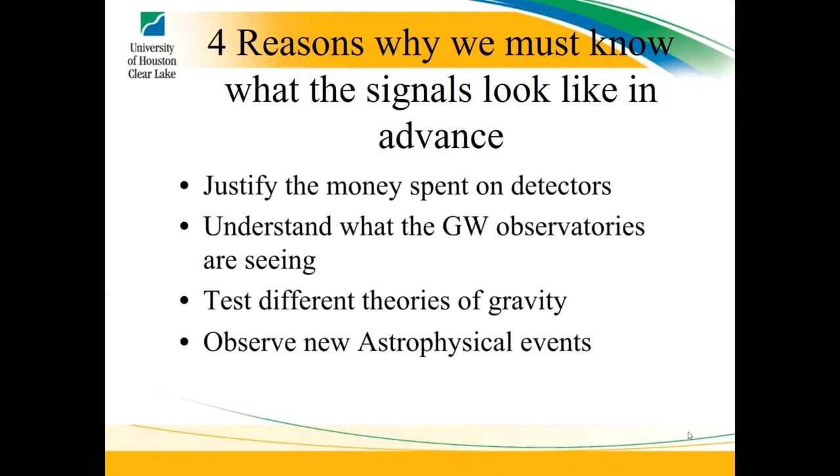And whenever it sees a match, it basically has an artificial intelligence machine learning algorithm going. That's when it alerts people, hey, you got to look at this. And then the scientists jump into action and start looking at the signal. So the whole idea is that we have to create these models so that the AI knows what to look for.